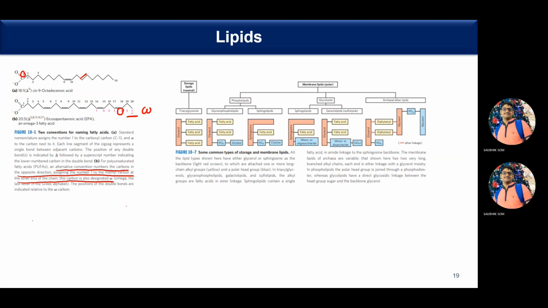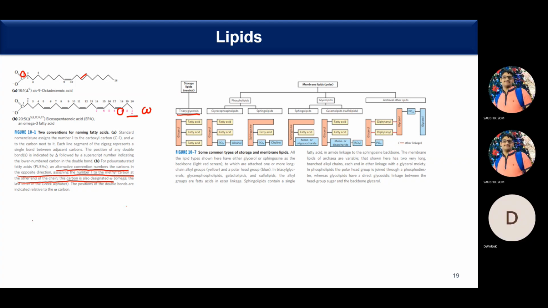So storage lipids, which are neutral, have a glycerol and fatty acids, as in triglycerols. LDL, VLDLs are lipoproteins, but all of those carry triglycerols, correct? Triglycerides, so that's triglycerol: glycerol with fatty acid chains.